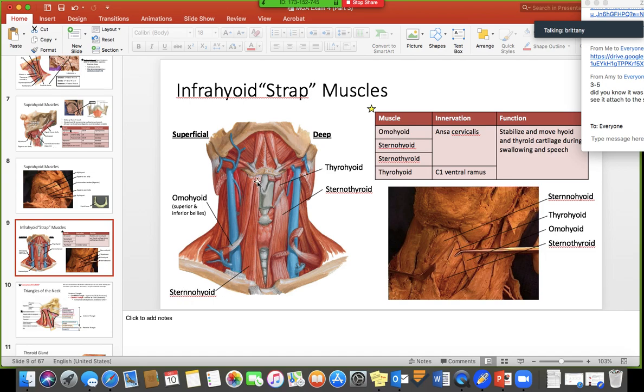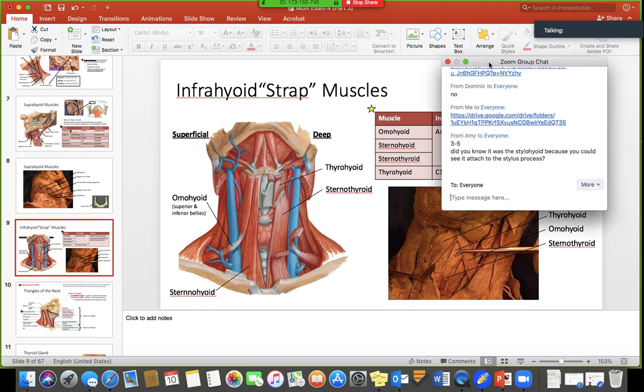Like sternohyoid from the sternum up to the hyoid bone, sternothyroid from the sternum up to the thyroid, and so on. Definitely be able to identify all of these strap muscles, really all muscles, whether it be face muscles, neck muscles. The tags could definitely be that simple. And if you're not able to identify them, that's just giving up easy points.